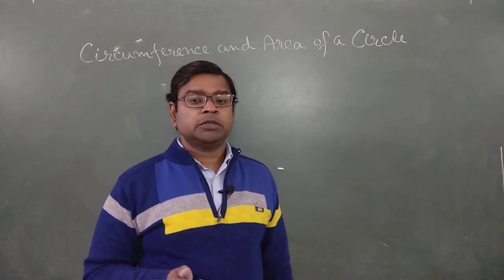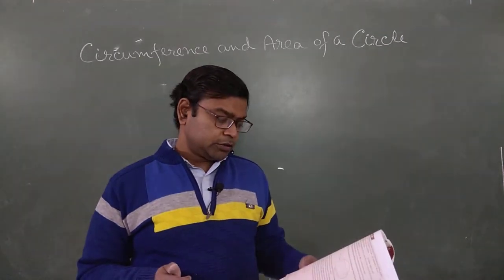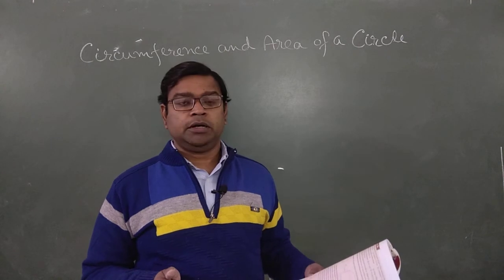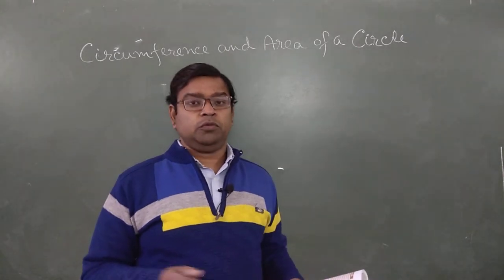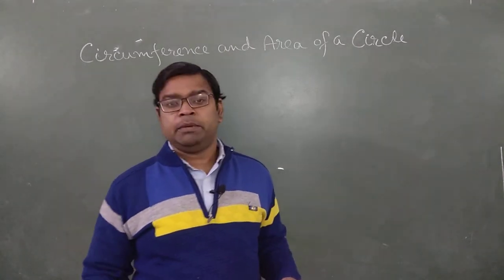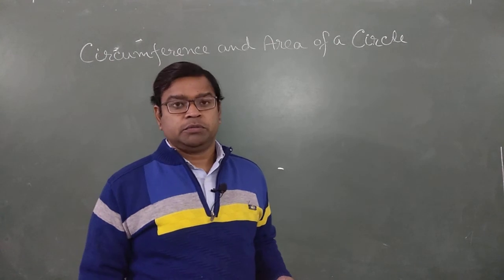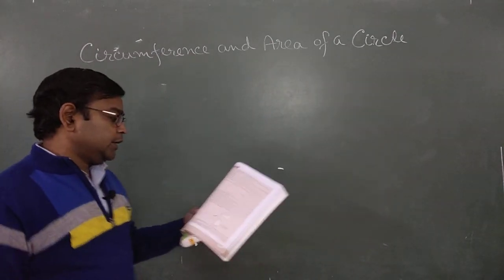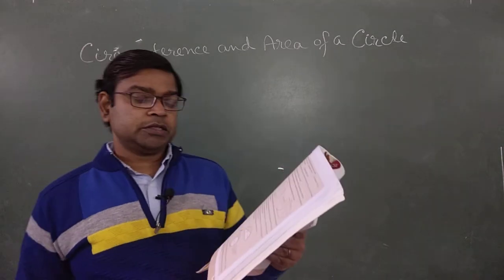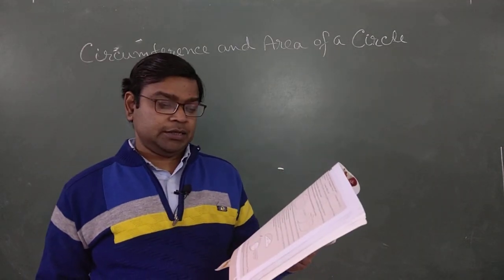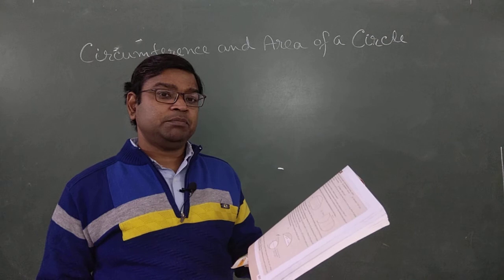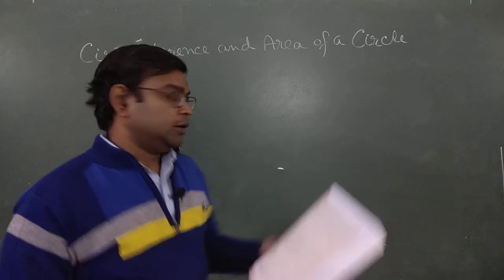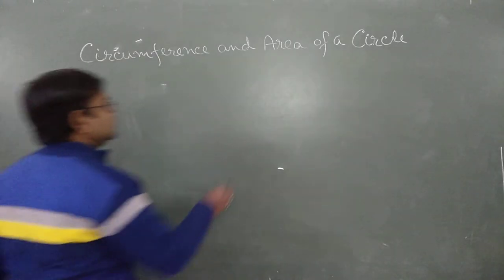I am giving you some concepts by solving this question, and the rest of the questions you must try on your own. Hint I may provide if you ask me. In this question it says that the area enclosed between the circumference of two concentric circles is 16 pi centimeter square. First draw the diagram.